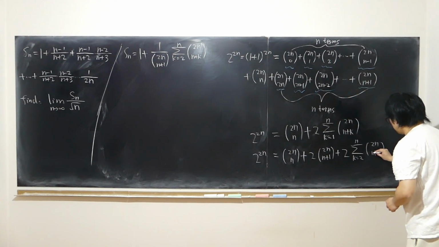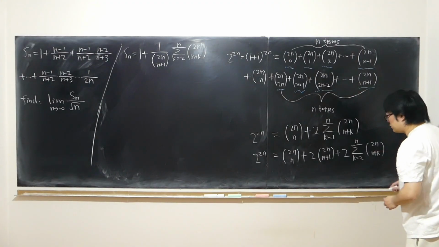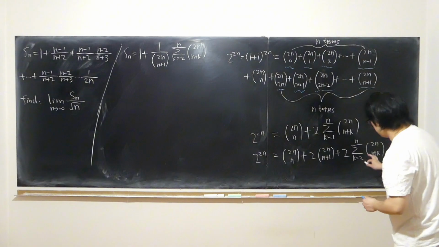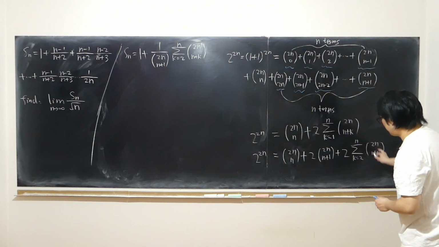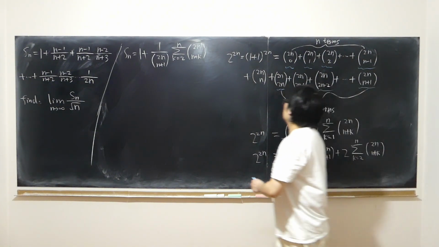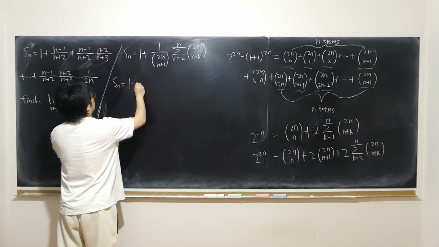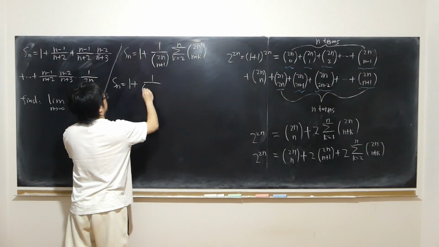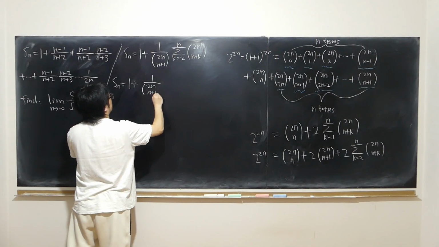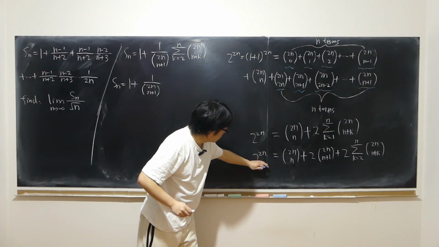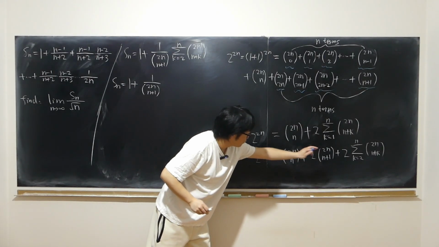This time should be nice and neat. Then we easily work out this one. So Sn should equal 1 plus 1 over 2n choose n plus 1. We rewrite this sum into this minus this divided by 2.